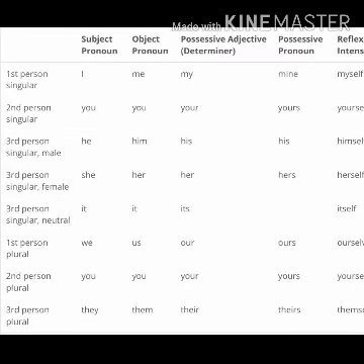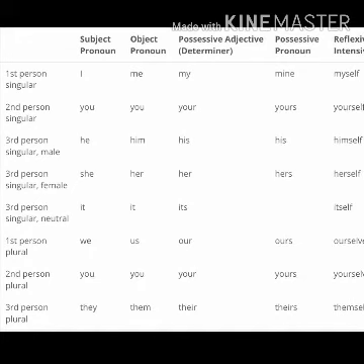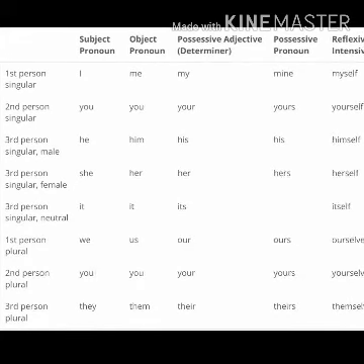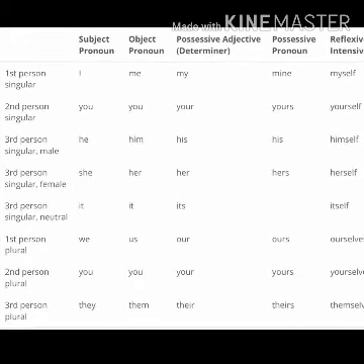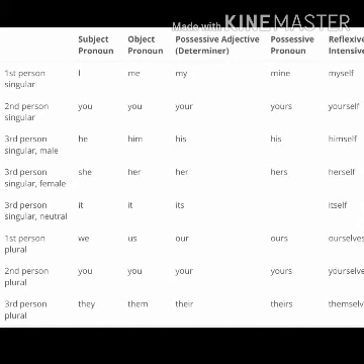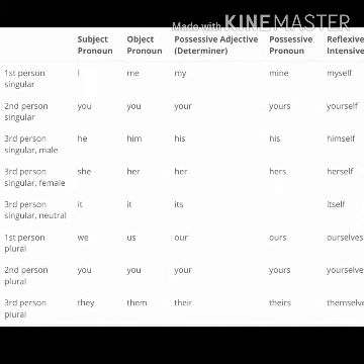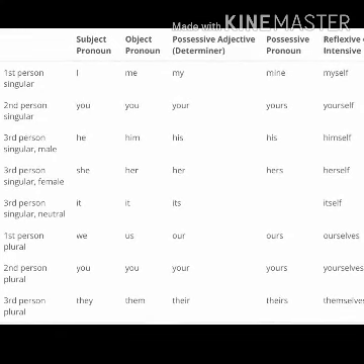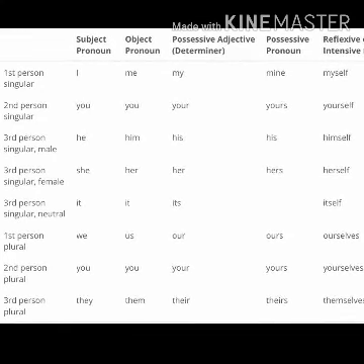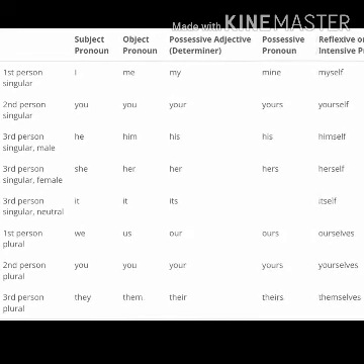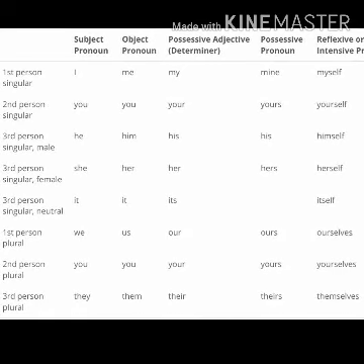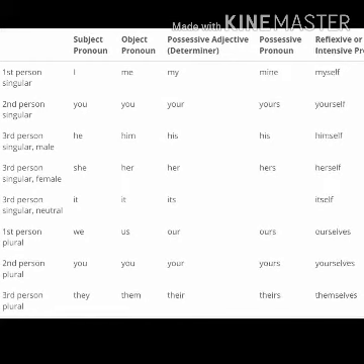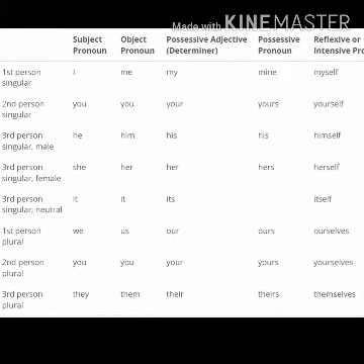Children, this table is going to help you a lot in understanding personal pronouns. As you could see in this table, subject pronoun, object pronoun, possessive adjectives, which are also called determiners, possessive pronouns, reflexive or intensive, which are also called emphatic, have been divided as per first person singular, second person singular, third person singular male, third person singular female, third person singular neutral, first person plural, second person plural, and third person plural pronouns.